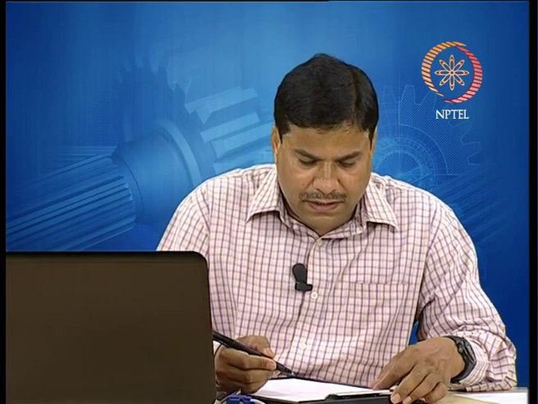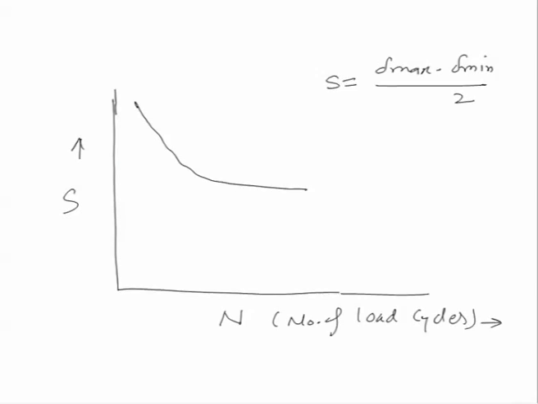We see that as the stress amplitude is decreased, the number of cycles required for failure increases. So, here say for this stress amplitude, this will be the number of cycles required for failure.